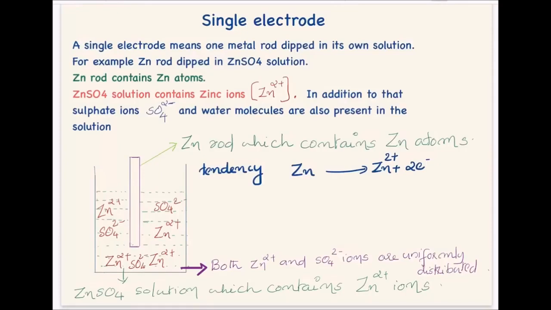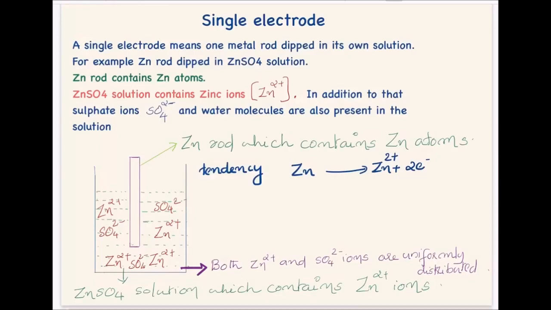Zinc atoms in the zinc rod have a tendency to release electrons to become zinc ions. If it becomes a zinc ion, ions cannot stay in the metal rod. What do they have to do? They have to come into the solution. So first tendency: zinc atoms in the zinc rod have a tendency to release electrons, become zinc ion and go into the solution.